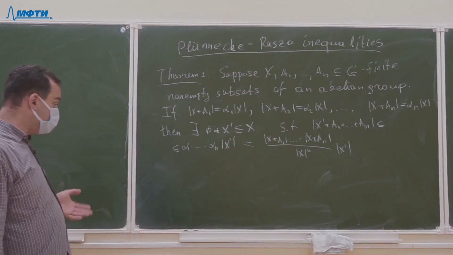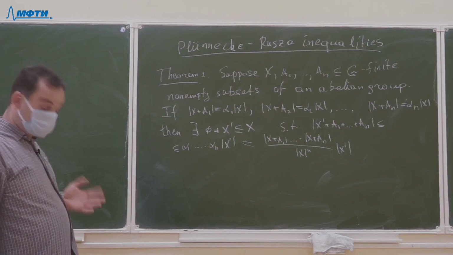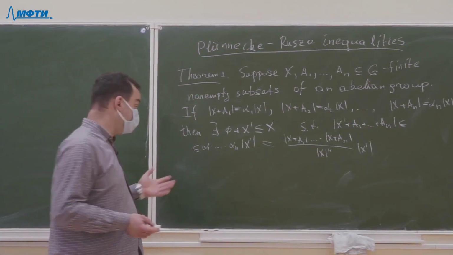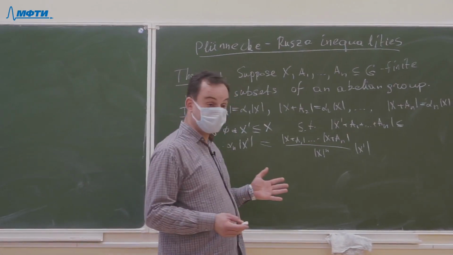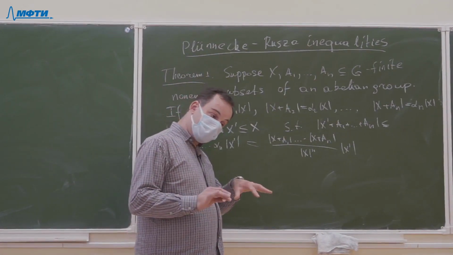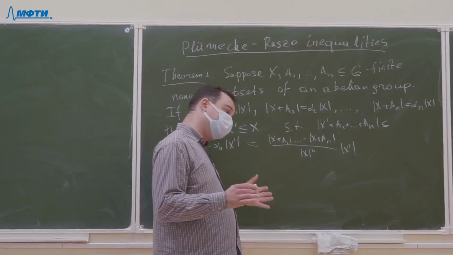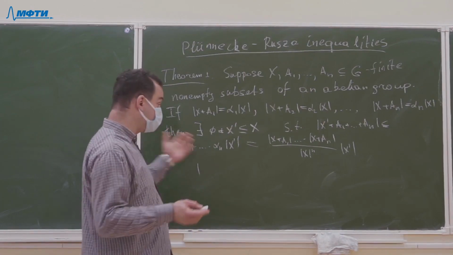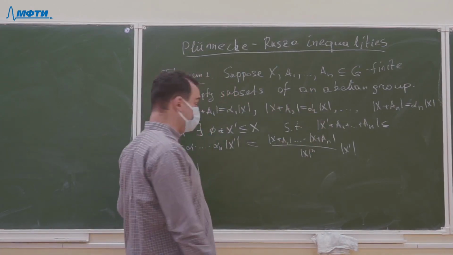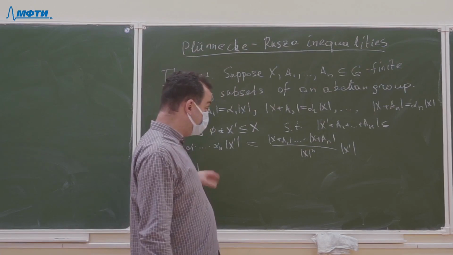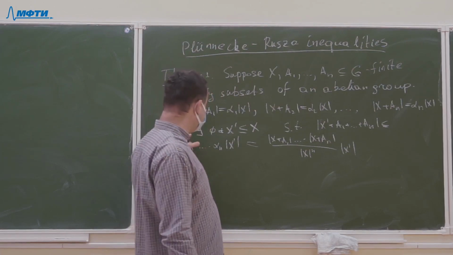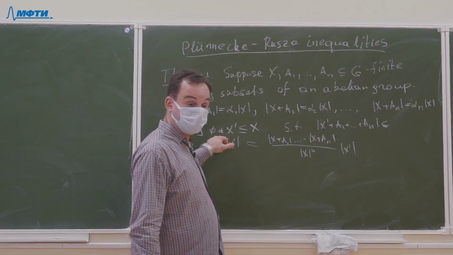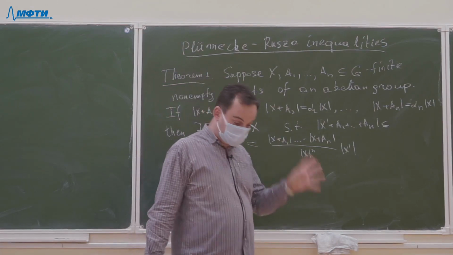Well, what do we do now? First, I just give you a worse version of these inequalities. What is the problem with this? We don't know what this X prime is. We know this X prime exists.